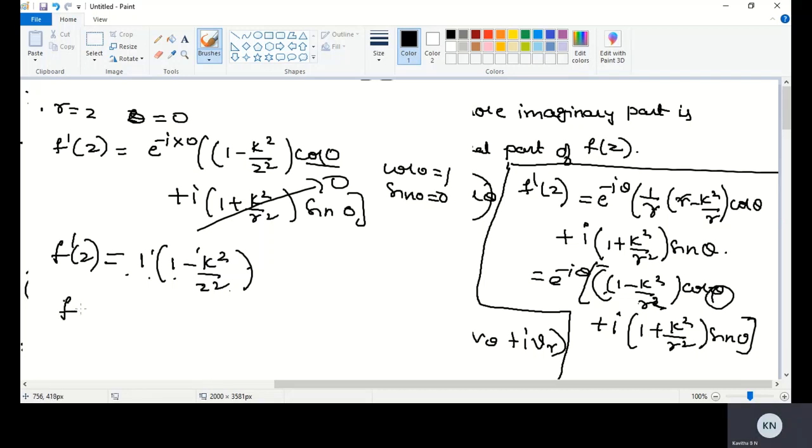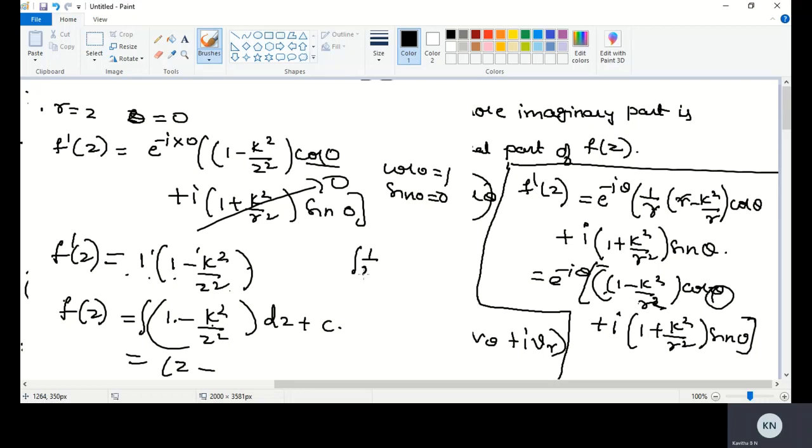Then integrating both sides, f of z is equal to the integration of (1 minus k square by z square) dz plus c. Then integrate, what will we get here? Integration of 1 is z. Integration of 1 by z square dz is the integration of z to the power of minus 2. Integrating, we get z to the power of minus 2 plus 1, which is z to the power of minus 1, that is minus 1 by z.